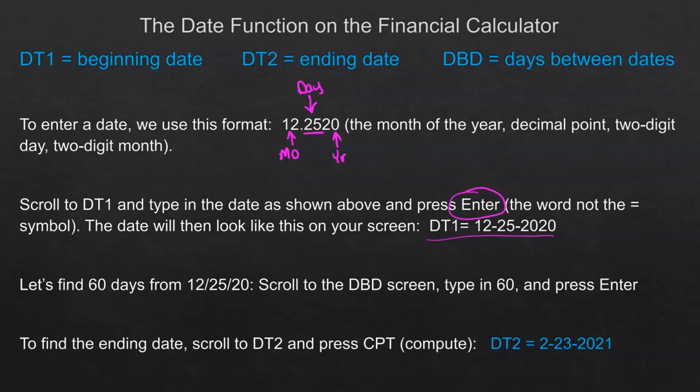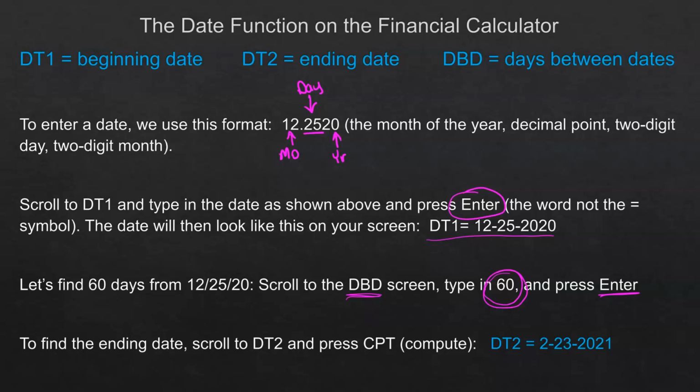Now, I want you to scroll down with your down arrow key, find DBD, and then put 60 on your screen, and then push enter. Whenever you push enter, you'll just see that number on your screen, right?